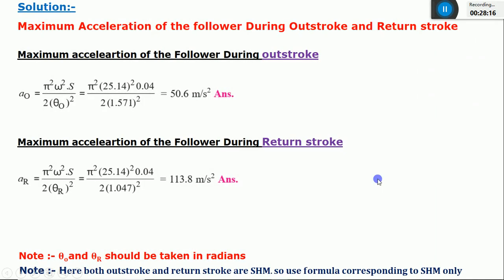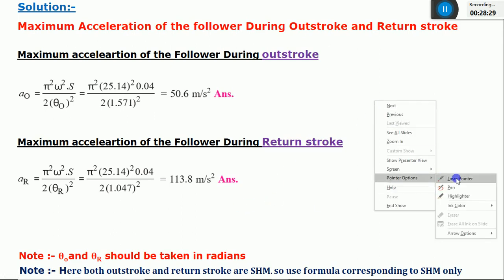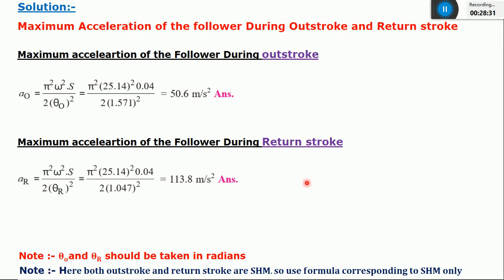Anyone, please reply so that I'll go with the displacement diagram. Anyone from fourth semester C division, are you getting the same answers or any doubts? Yes, sir. Okay, thank you.